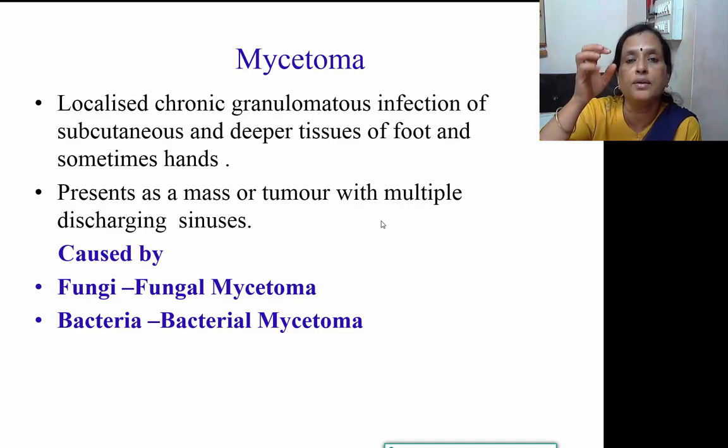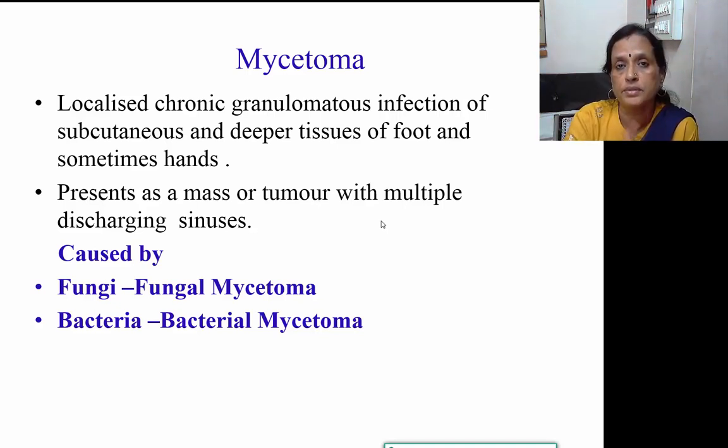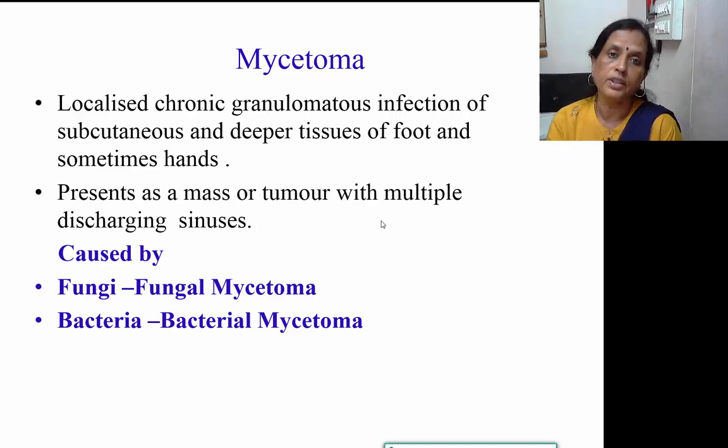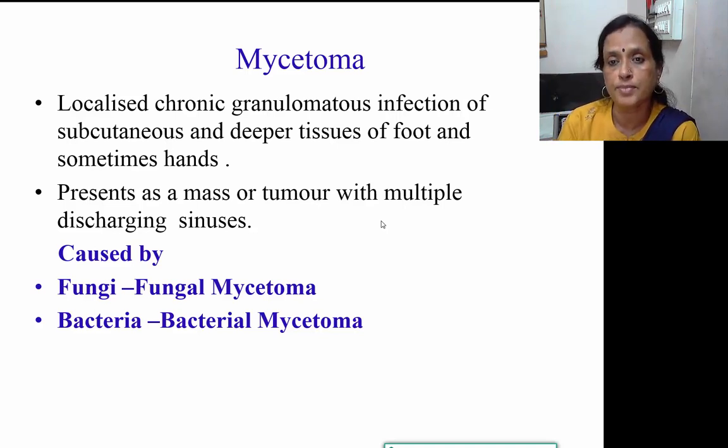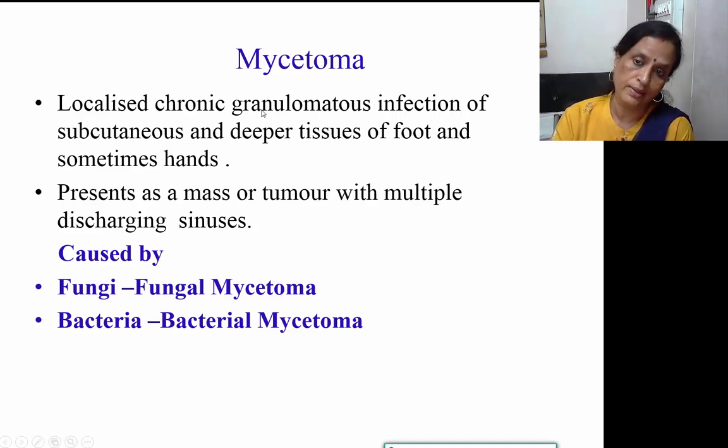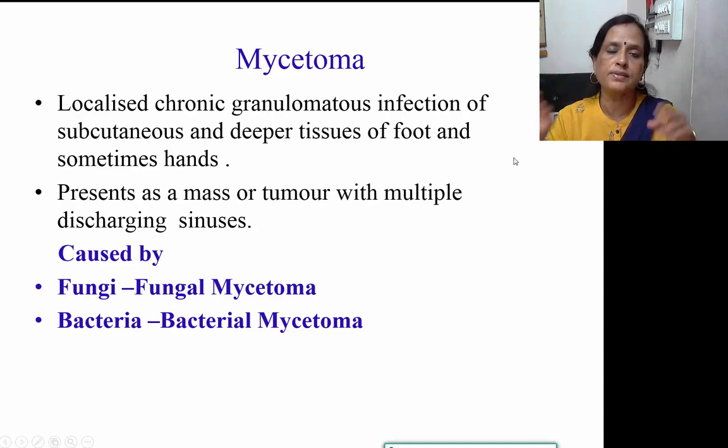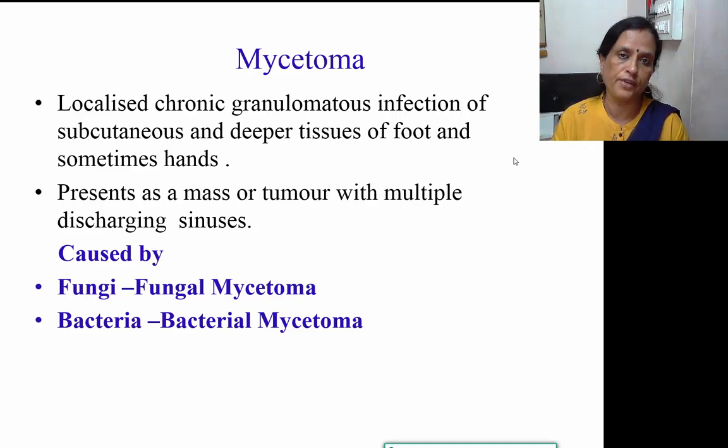Okay, this is again a short answer or short essay topic for you. Please listen carefully. At least register a few important points related to this. What is mycetoma? It's a localized chronic granulomatous infection of subcutaneous and deeper tissues of the foot and sometimes hands. So actinomycosis, we said, had 4 different forms.